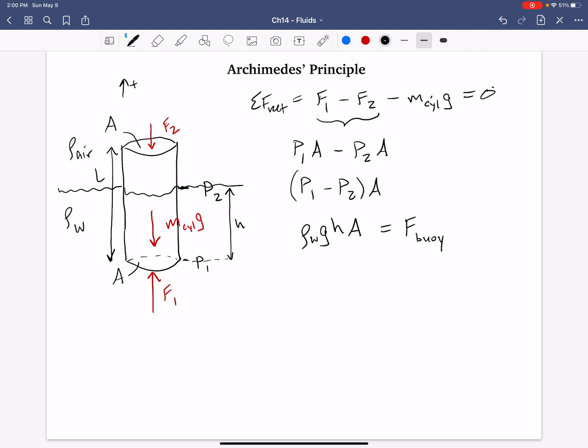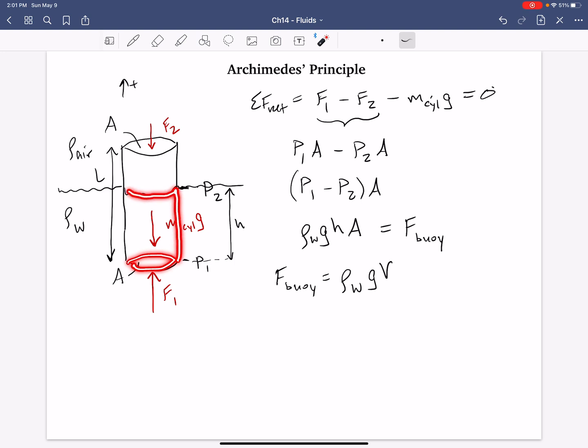It's still a force, right? The units still work out to be newtons, kilograms meters per second squared. However, it's just written in terms of density, g, h, and A. What's h times A? That's really a volume. So another way to write the buoyant force is rho, the density of the fluid, times g times V. And now let's look at this volume V. Specifically, that's the area times h.